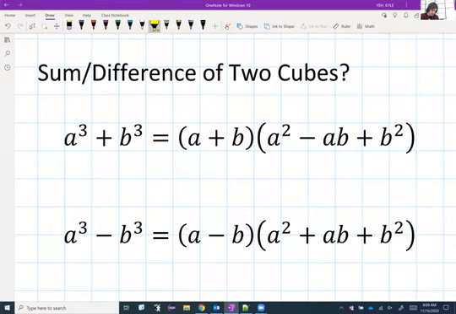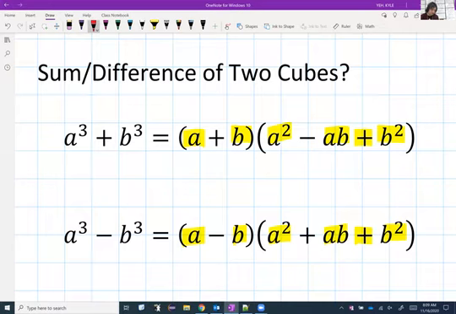If you notice, a squared, ab, b squared, those variables don't change at all. They're the exact same between the two. So all we have to be on the lookout for is the signs. I'm also going to highlight this plus at the very end because it's plus on both of them. So these are identical formulas except for their signs in the first two spots.